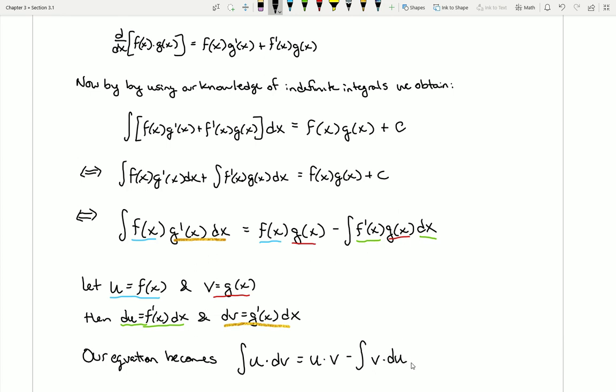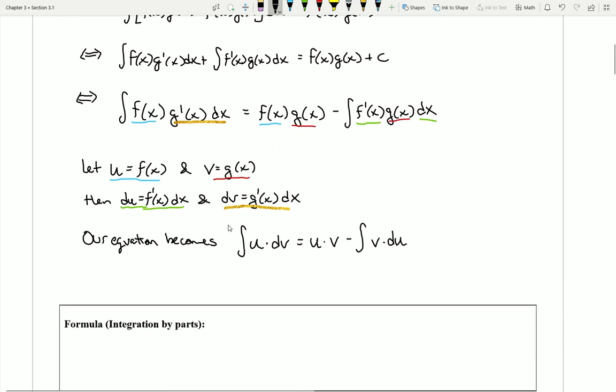And so oftentimes, this formula right here is the formula that we'll remember as our integration by parts formula.